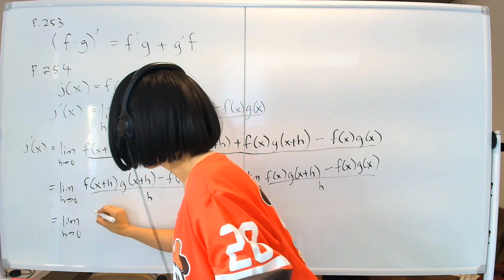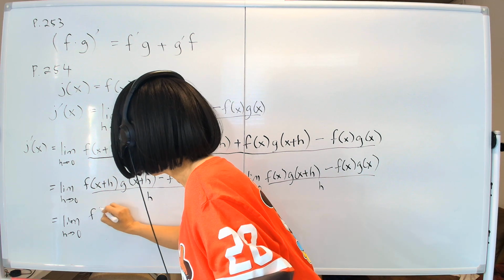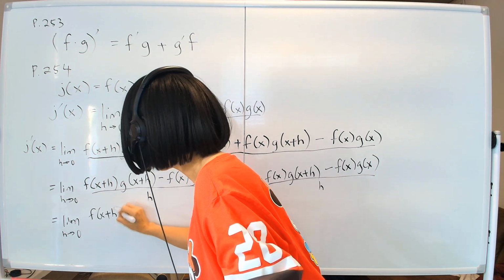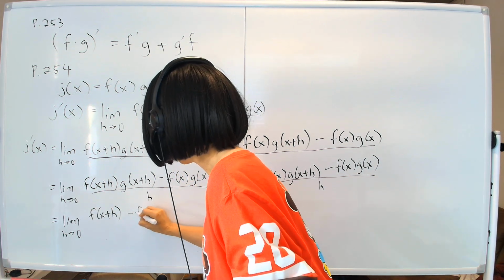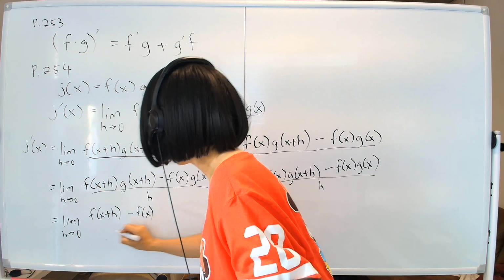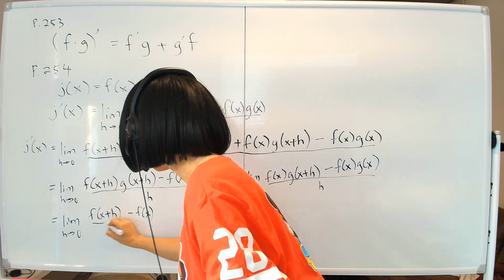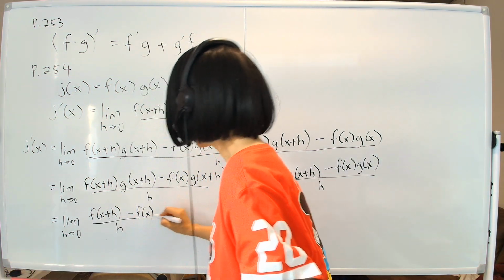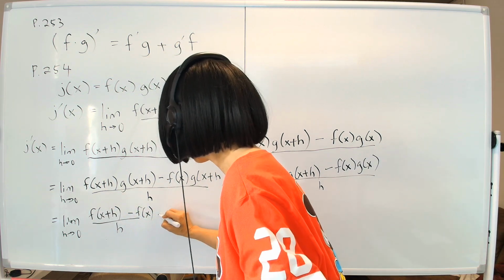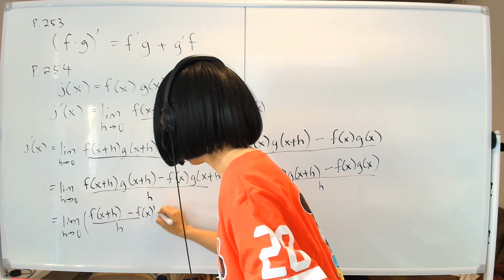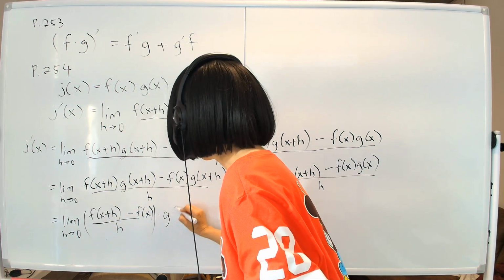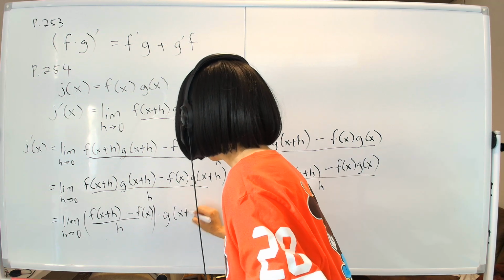We'll factor this out, which is f of x plus h minus f of x divided by h. And this whole parentheses times g of x plus h.